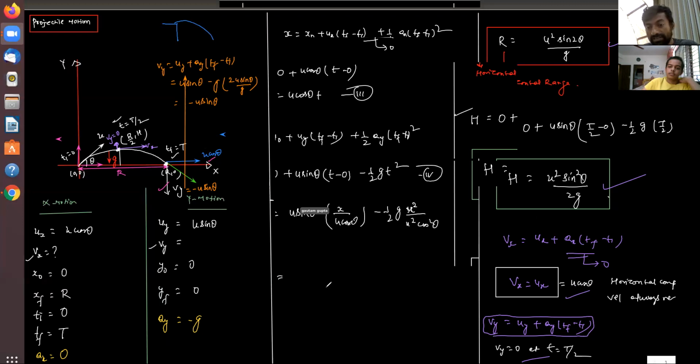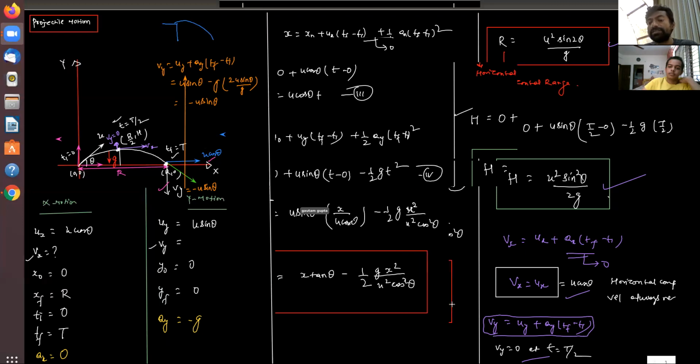So this will become x tan theta minus half g sec square theta, right? Half g x square divided by u square cos square theta, or sec square theta if you bring it to the numerator. Is that clear? So this is the equation of trajectory, and this is a parabola.